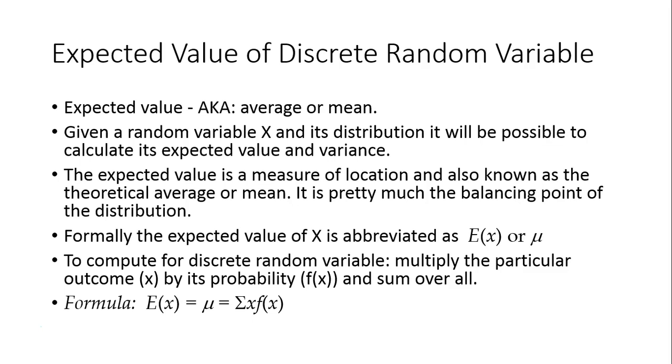So the whole distribution can balance on a scale, like a little balancer, okay? And usually this is the center. For the normal, it's the center. For the uniform, it's also the middle, the center. But for other distributions that are skewed to the left or the right, it might not be the center. Okay.